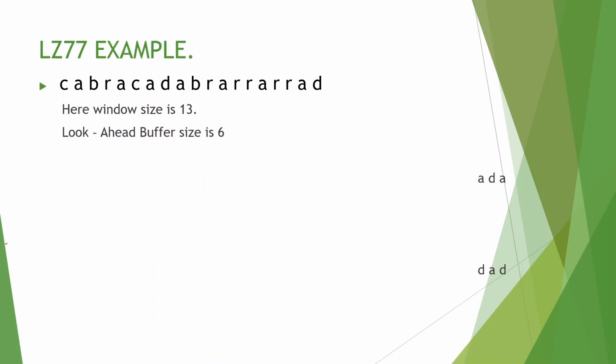Now we are going to start solving one example of LZ77. Here the sequence is already given, and the sequence is C A B R A C A D A B R A R R A R R A D. Here the window size is already given as 30, and the look ahead buffer size is also given as 6.